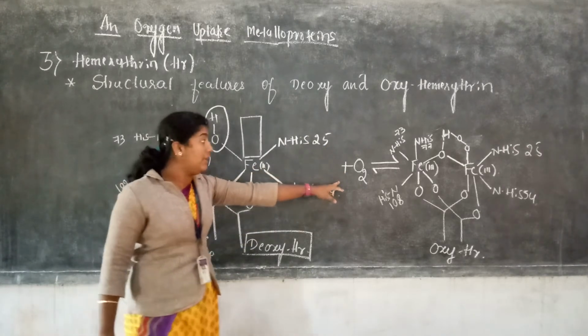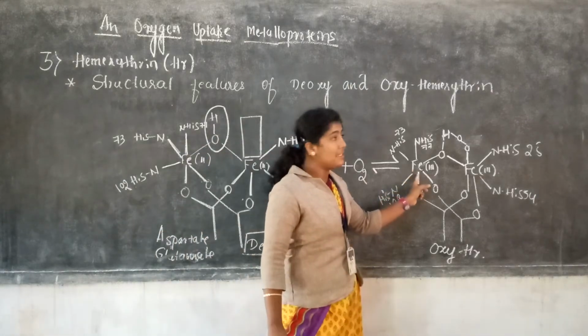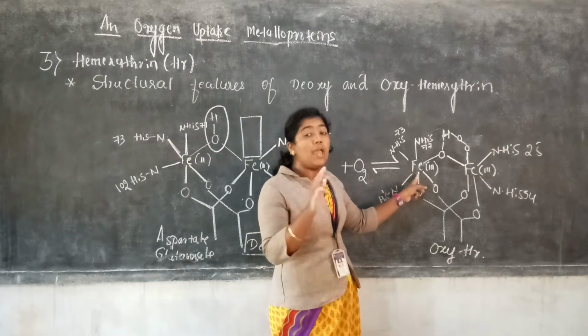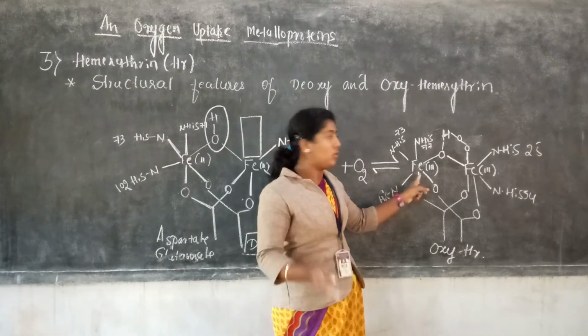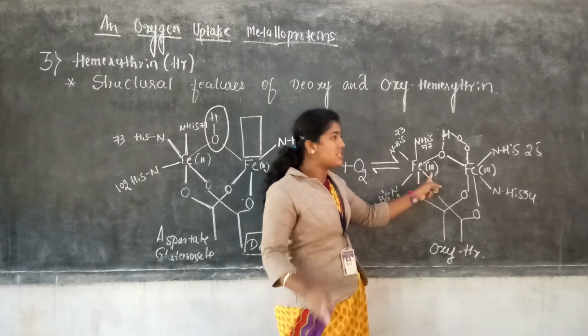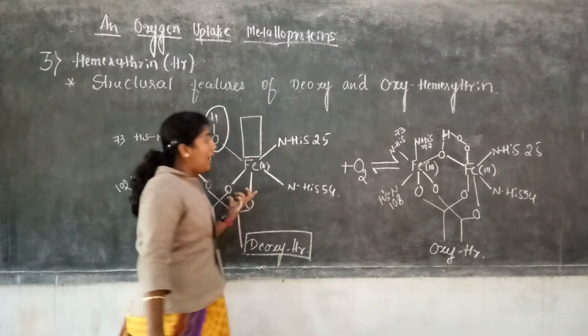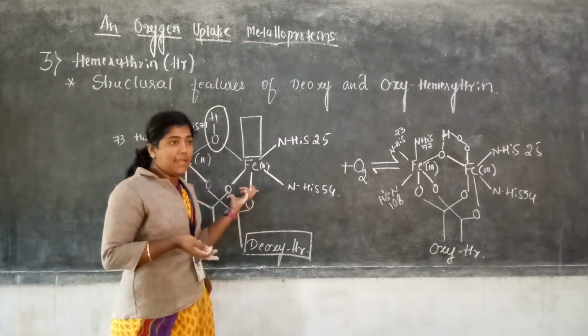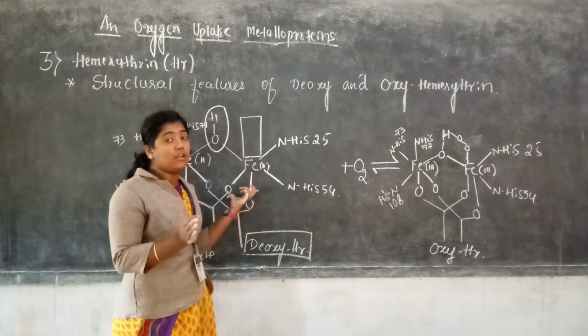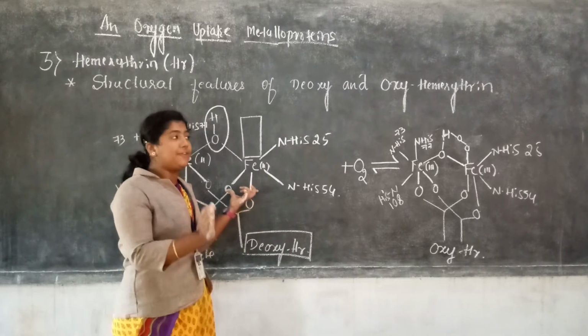Then here the iron center is oxidized from Fe2 to Fe3. Okay, here the oxidation state increases from 2 to 3. Both iron centers undergo conversion of Fe2 to Fe3 after binding dioxygen.